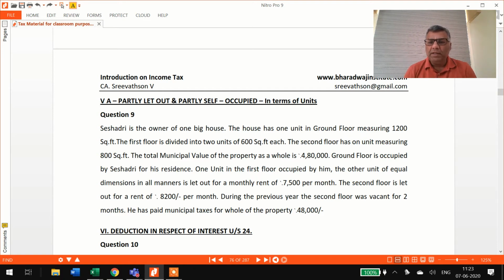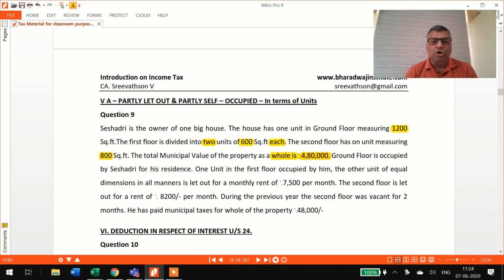I am repeating, 600 is per unit, and I have 2 units there, so 1200 plus 1200, 2400, and the second floor is 800. Totally 3200 square feet, and the total municipal value for the whole house is 4,80,000.